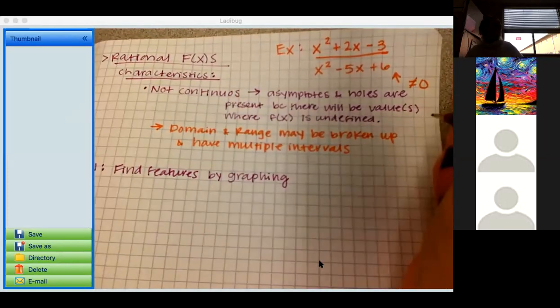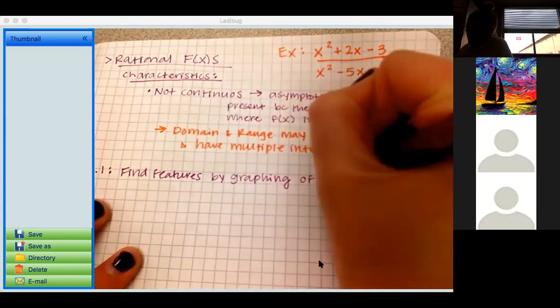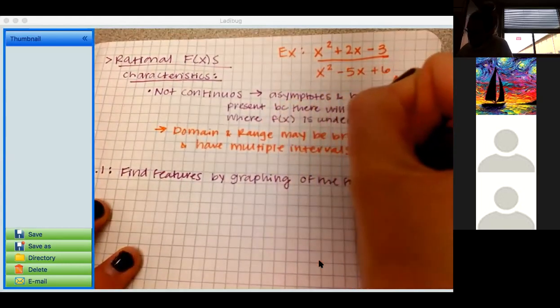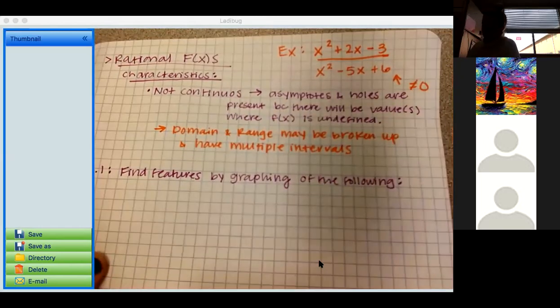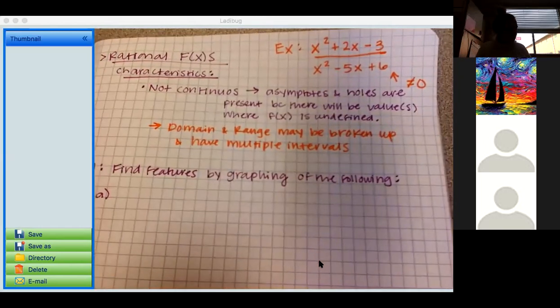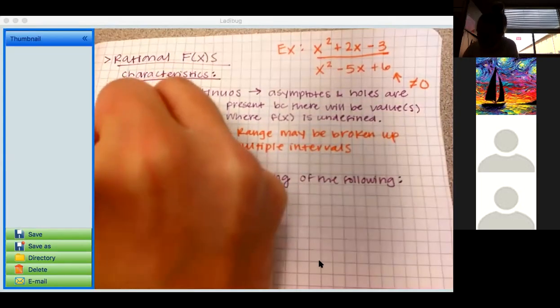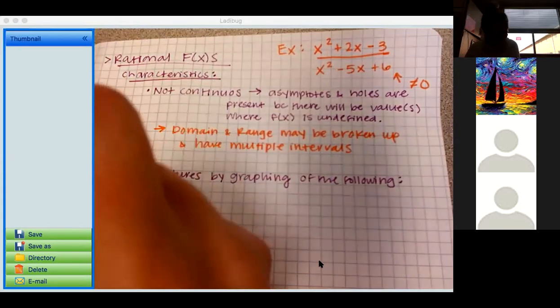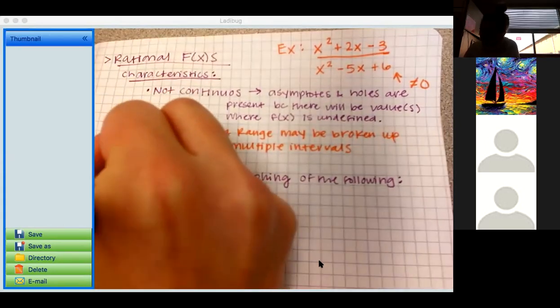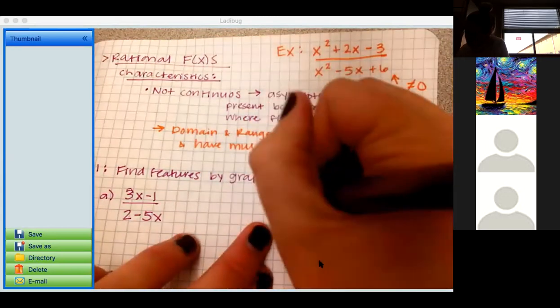That is what I'm gonna do. Sound good? So the first function we'll look at, let's do 3x minus 1 over, and then the second one, let's do that one from the top.